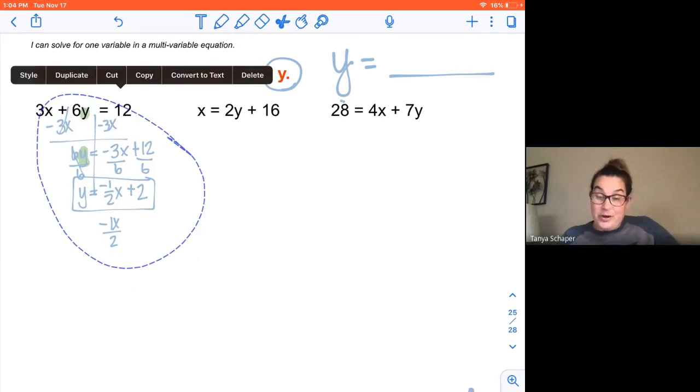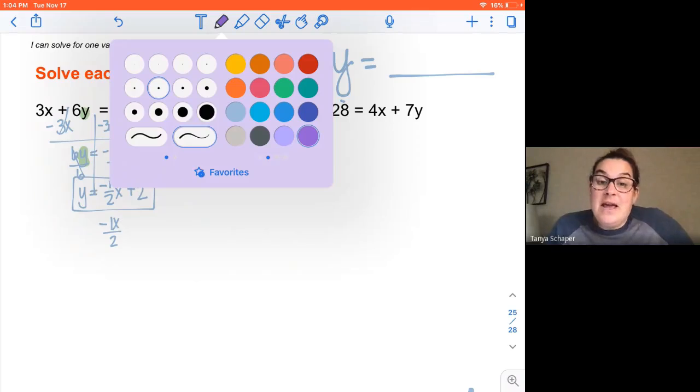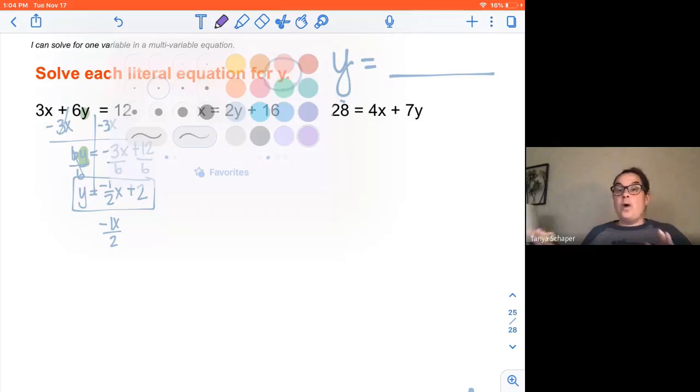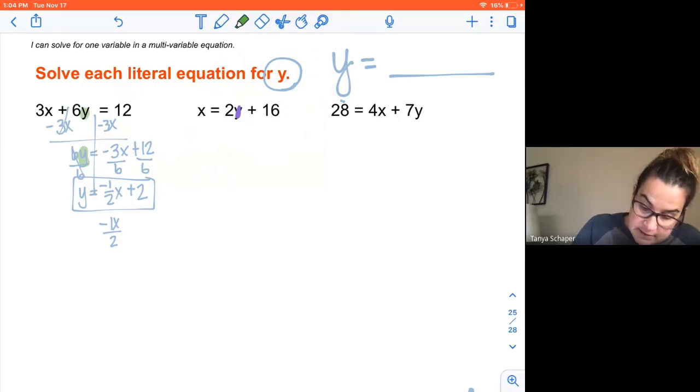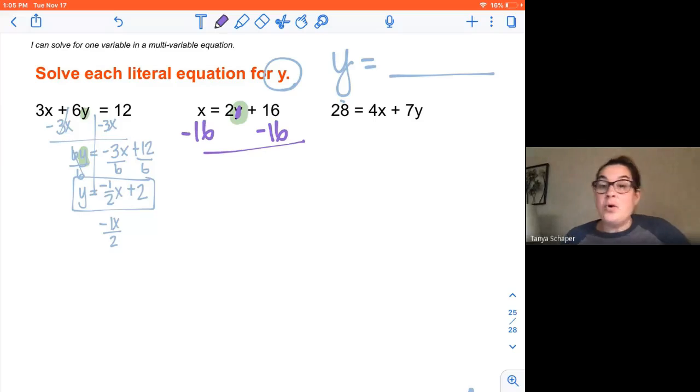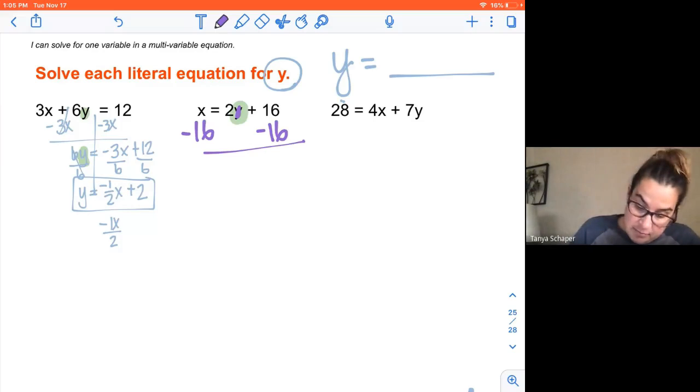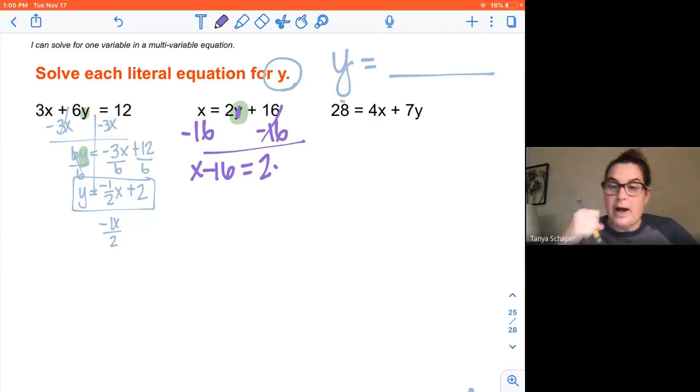Right now, the equation is written as x equals, and what we want to do is get it to y equals. So I'm going to get this y all by itself. I'm going to subtract 16 from both sides. So I end up with x minus 16 is equal to 2y.